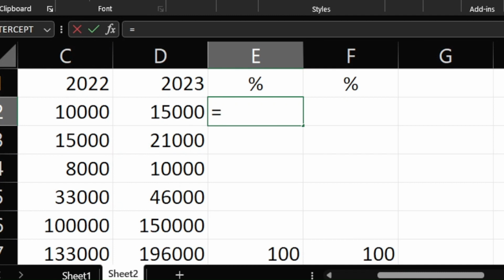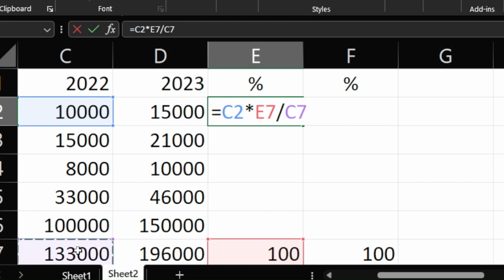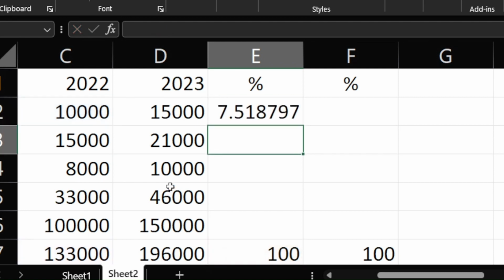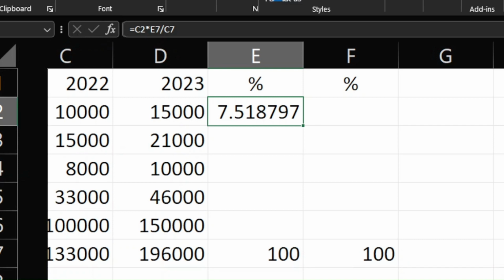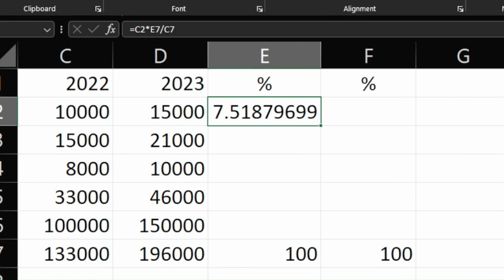It is equal to the value into 100 by this one. So this is equivalent to 7.51. I'm adjusting to two digits.